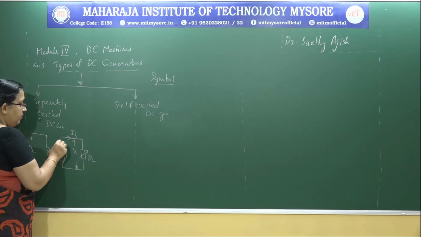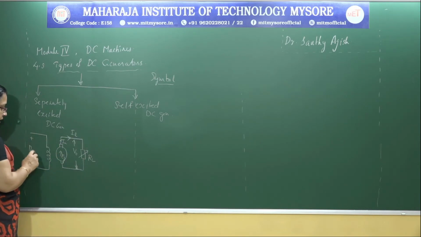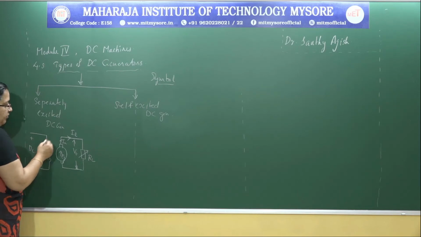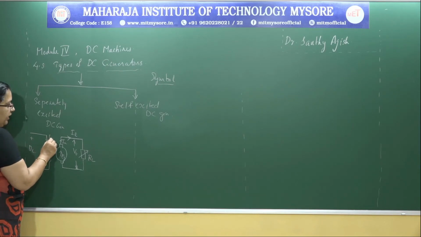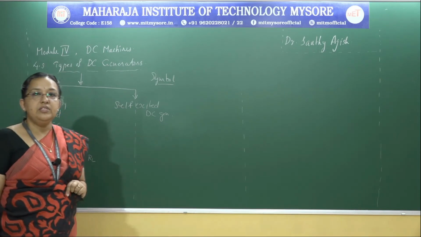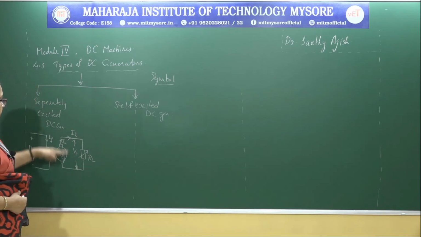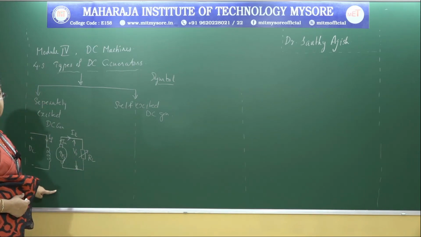That is also the same as the armature current, so I can even mark Ia here. And this is the applied DC voltage to the field, and this is the field winding, If. So these are the details of a separately excited DC generator.